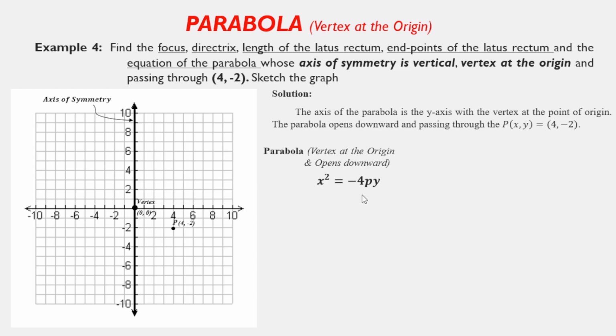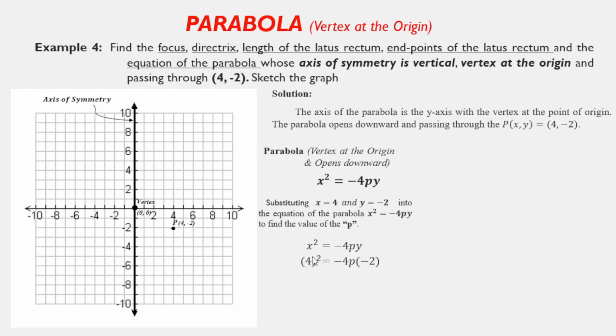Let us now identify the value of p so that we can easily graph the parabola. Substituting x equal to 4 and y equal to -2 into the equation x squared is equal to negative 4py to find the value of p.